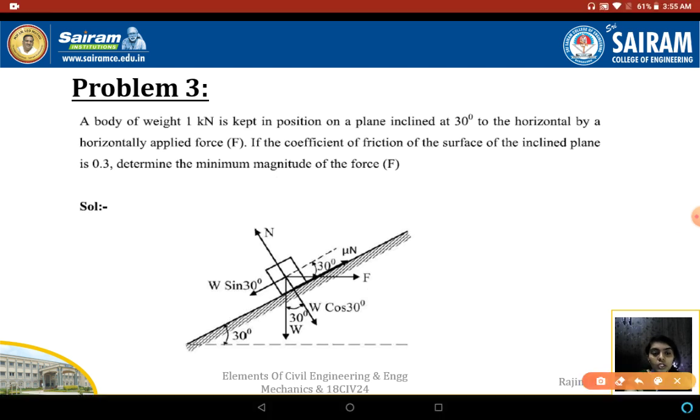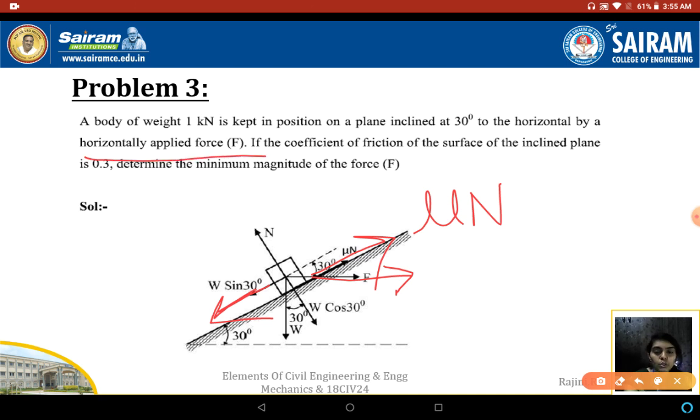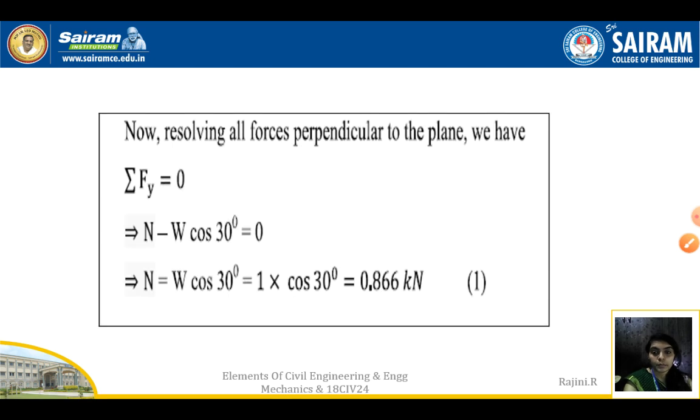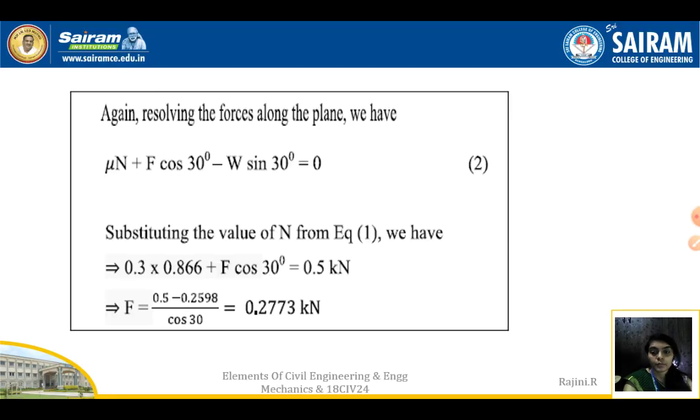Here you can see the horizontal forces: W sin 30 degrees, and the frictional force mu into N. And the given F, horizontally applied force F, is already given in the question. So you have three horizontal forces, that is mu into N plus F cos 30 degrees minus W sin 30 degrees.